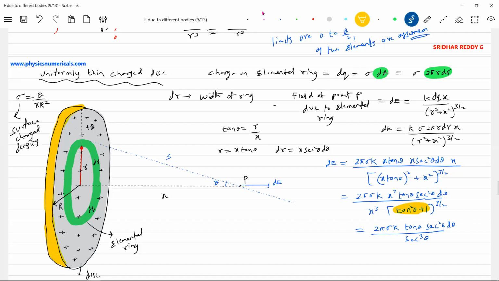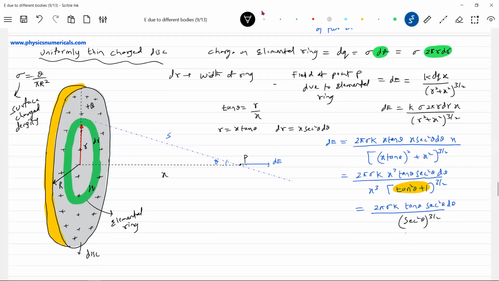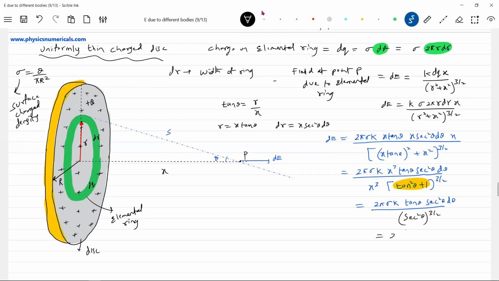Please look here, I'm replacing 1 plus tan square theta. I'll write one more step. Secant square theta to the power 3 by 2. So this will be 2 pi sigma K tan theta secant cube theta secant square theta.